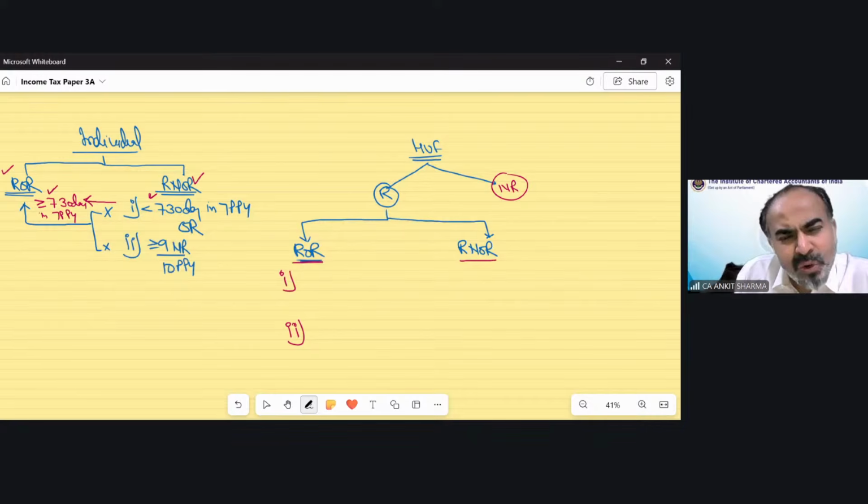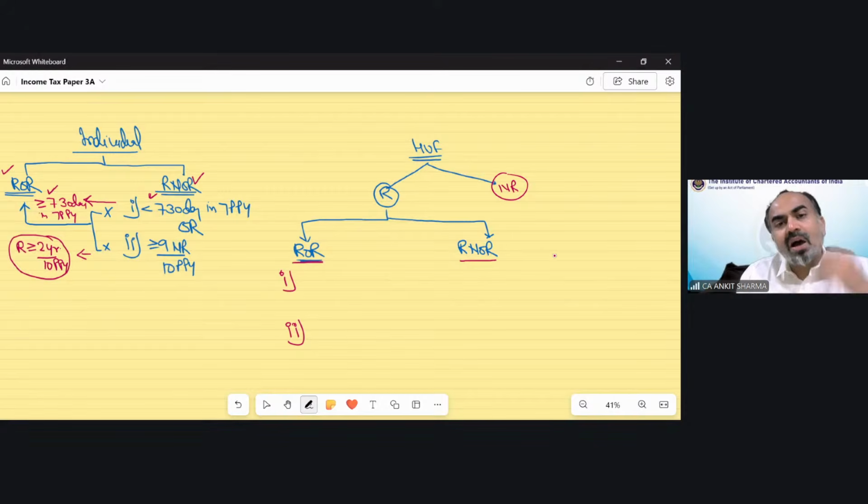And if I want to reverse the second condition, can I write it down like this? That if you become resident for more than or equal to 2 years out of 10 preceding previous years, so you will be an RNOR if you are 9 years or more non-resident.